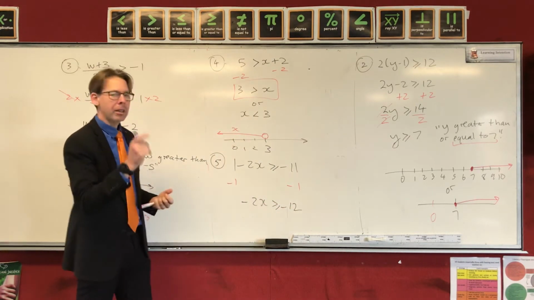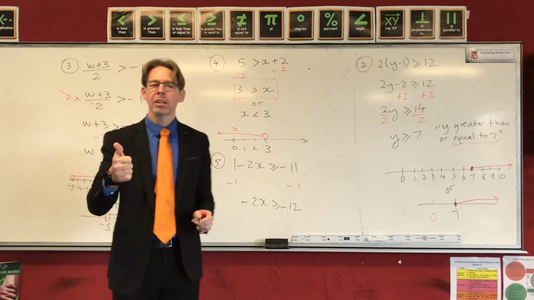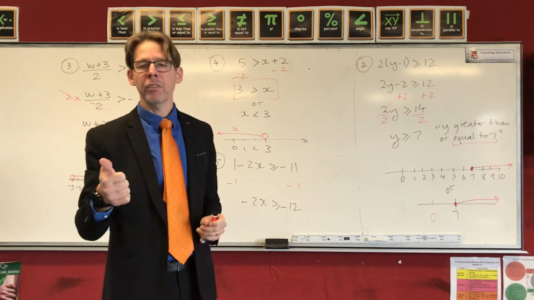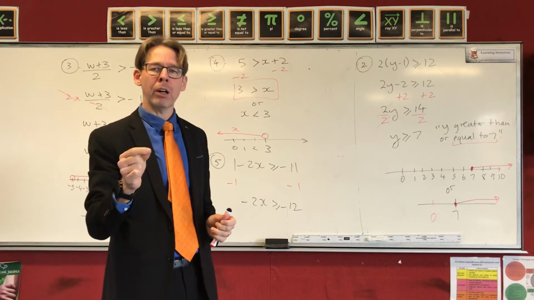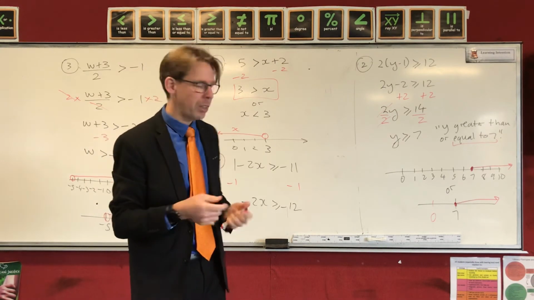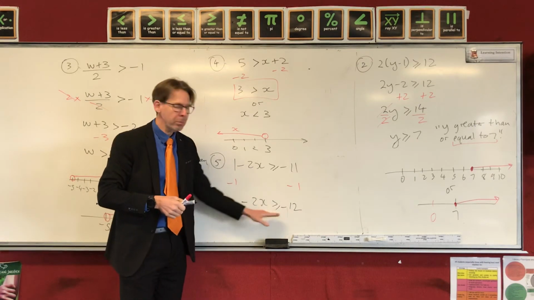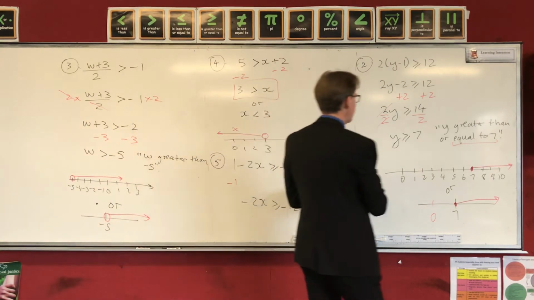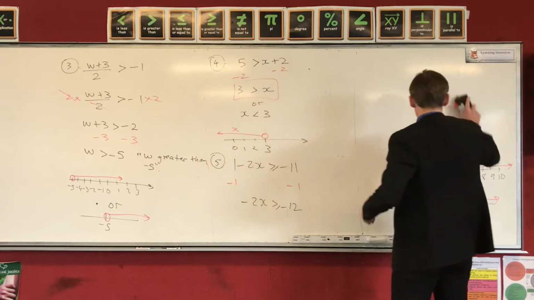Okay. Now, think back to the beginning of the lesson. We said that when you divide an inequality by a negative, you have to reverse the inequality sign. Or if you multiply the inequality by a negative, you have to reverse the inequality sign. Now, in this case, we've got a negative that we're going to be dividing by. So over here, our next line of working should be this.